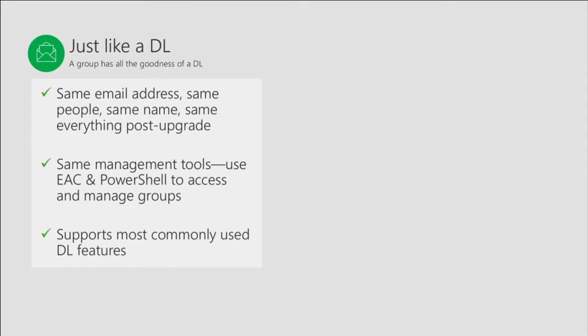In EAC, all the options look exactly the same between DL and a group as well. So you don't have to ramp up others to say, hey, this is how you would create, these are options, etc. We've made a lot of enhancements and made sure that all the functionality that users want in a DL and use it today are available in groups, even naming policy.